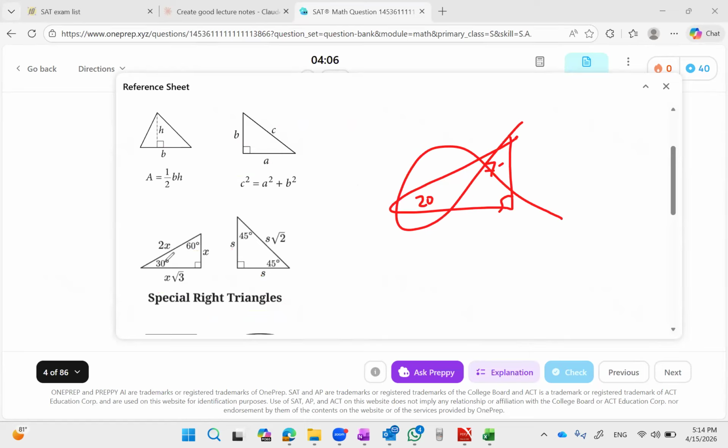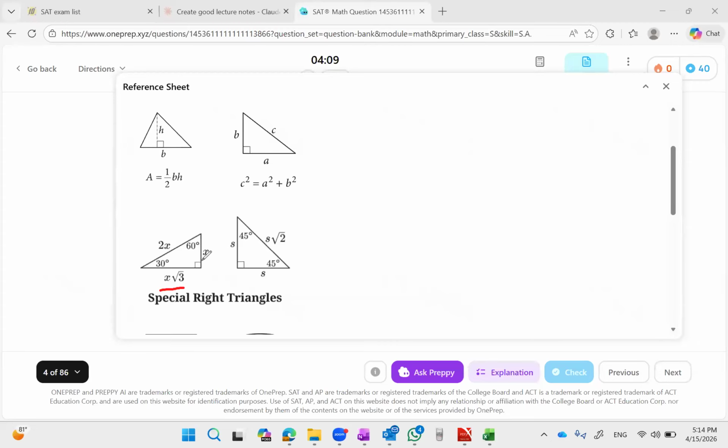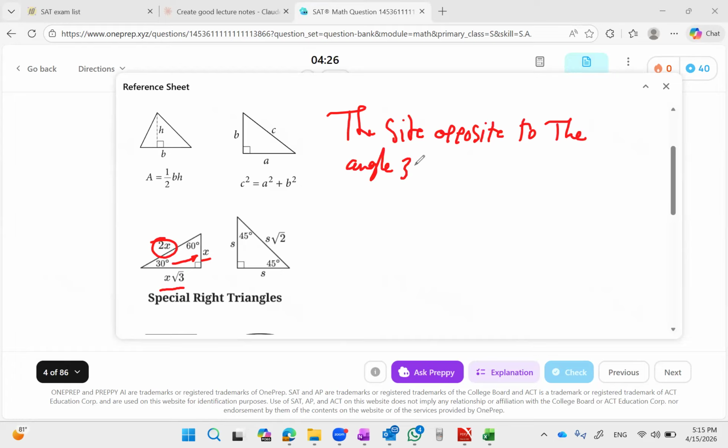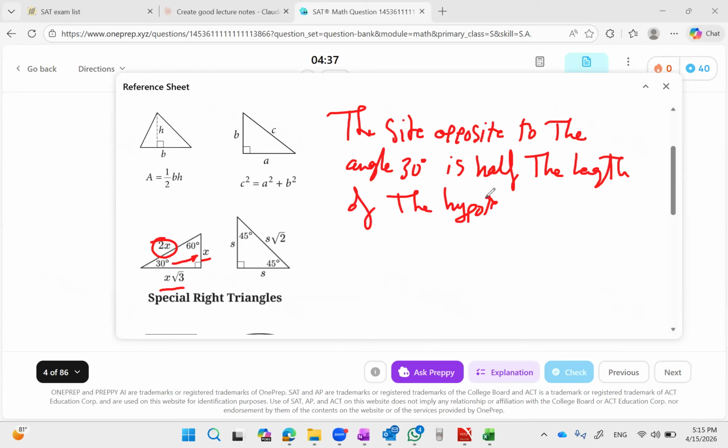So if it's 30 and 60, and this side is x and this side is x√3, the side opposite to the angle 30 is half the length of the hypotenuse.